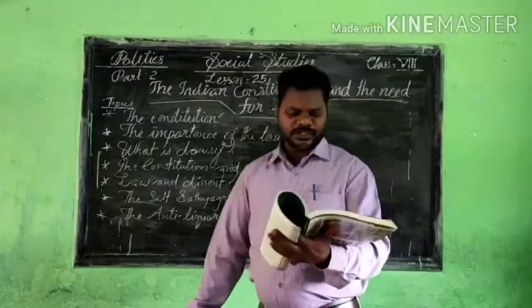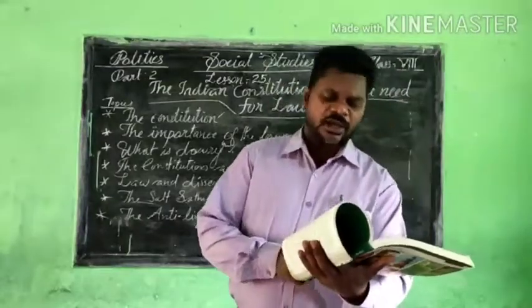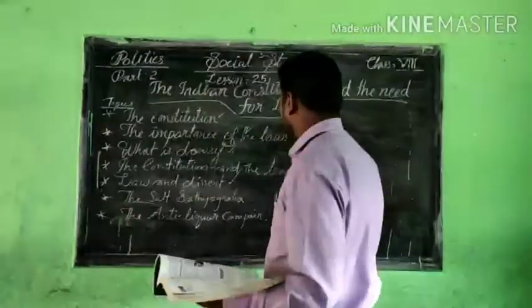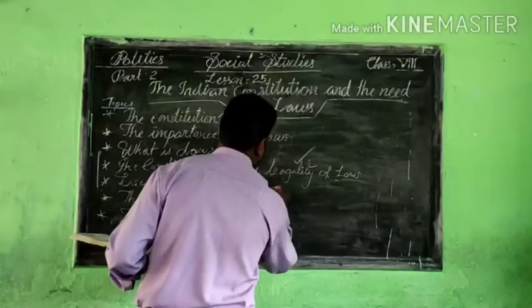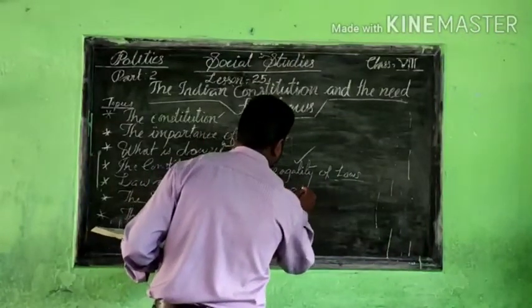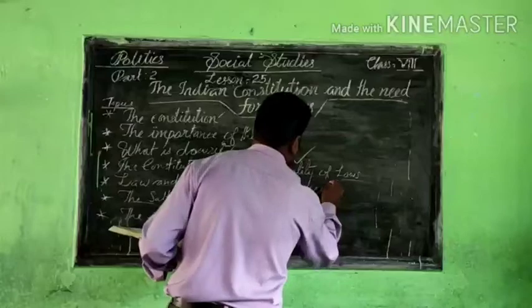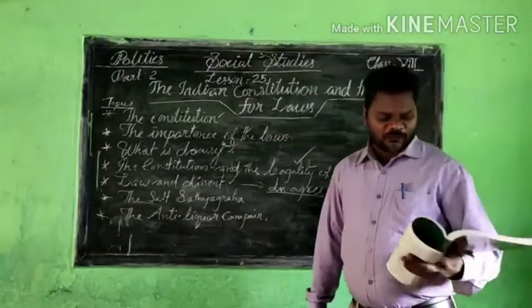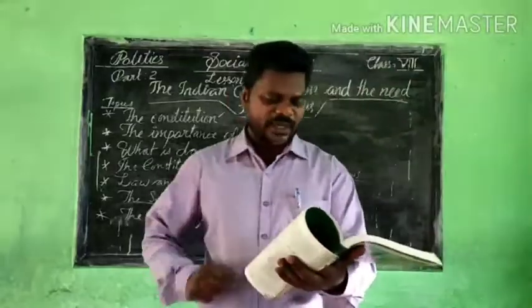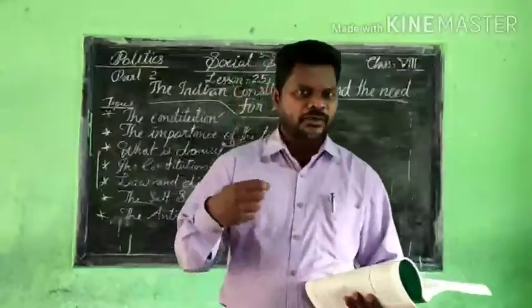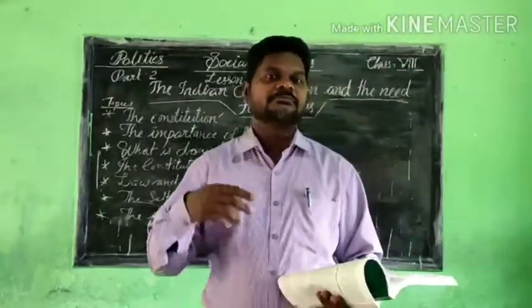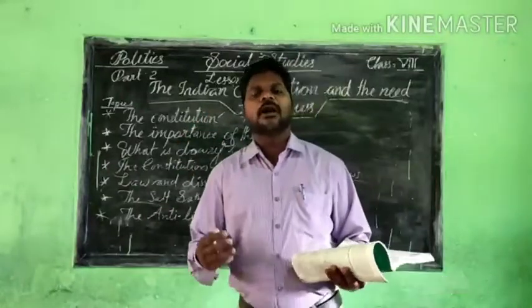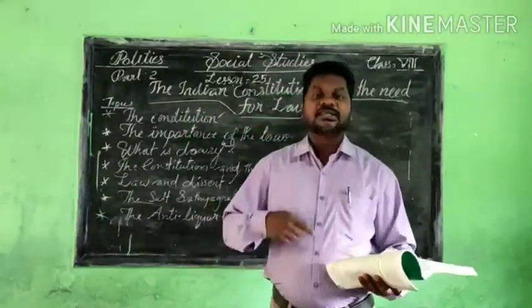Listen now. Dissent means, as very clearly mentioned here, disagree. Okay, dissent means disagree. Sometimes, as I already informed you, the government also acts beyond our constitution, and people have so many problems and they disagree with that.